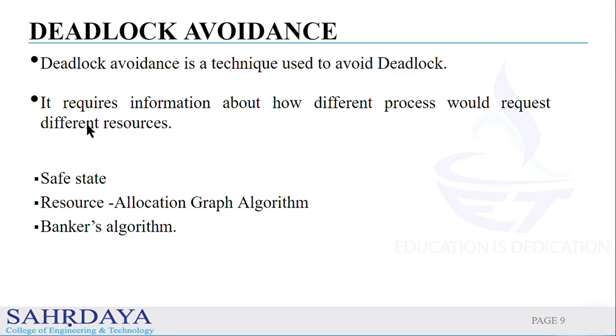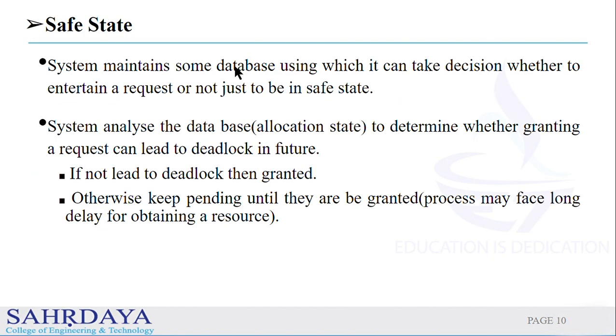So this is the logic applied in the operating system to avoid deadlock. Here the system maintains some additional information, or you can say a database, using which it can decide whether to entertain a request or not, just to stay in a safe state.